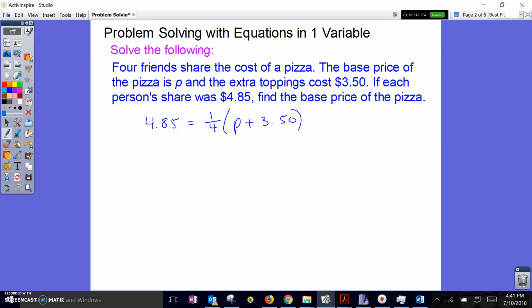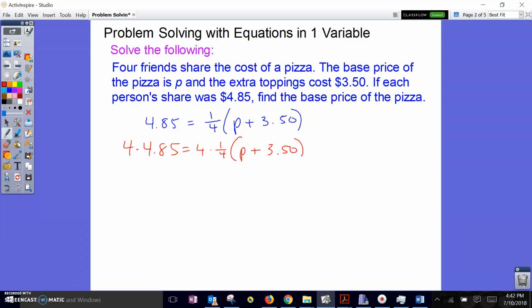And I have 2 options here. I can distribute the 1/4 through the parentheses and then go from there. Or I could clear the fraction out by just multiplying both sides by 4. And that's what I'm going to choose to do. I'm going to take both sides of this equation and multiply it by 4. So 4 times 4.85 and 4 times 1/4 times the quantity P plus 3.50.